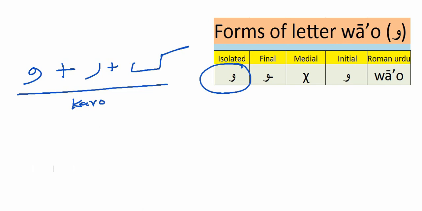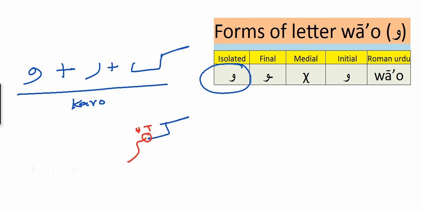Karo. So I will use initial Kaf, then we will use final Ra. The head of Ra has a connector and the tail of Kaf has a connector. So we will connect it at this point.